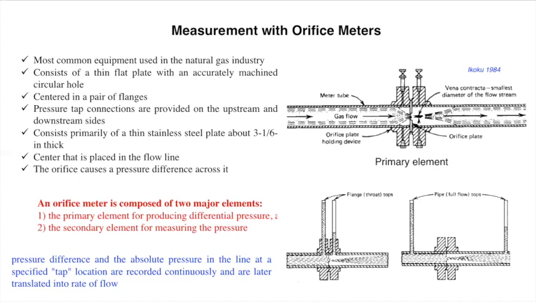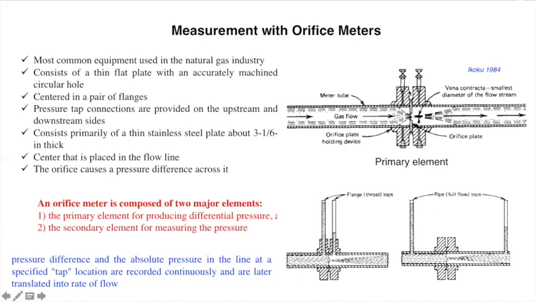Now, as you see, this orifice meter consists of a thin flat plate with an accurately machined circular hole in the middle, right? The diameter of this circular hole is very small compared to the diameter of the pipe, and the orifice meter is centered between the flanges, as you can see in this diagram.